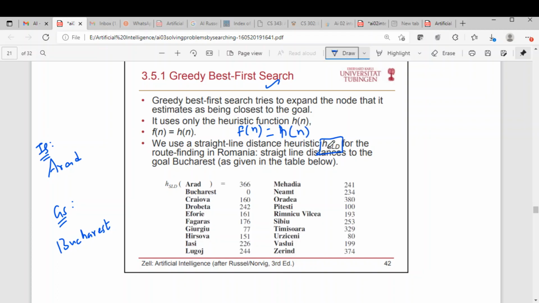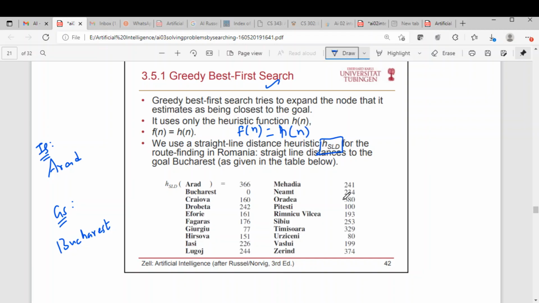So we are considering the straight line distance as our estimated h of n, because h of n itself is an estimate of the cheapest cost. It is not the actual cost. It is just an estimate. As for how these values were obtained, let us assume that somebody already calculated the straight line distance between all these cities, and that is available in some database, and we have taken that.